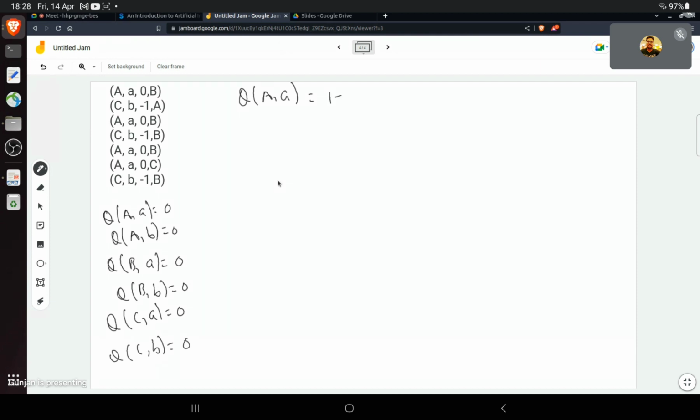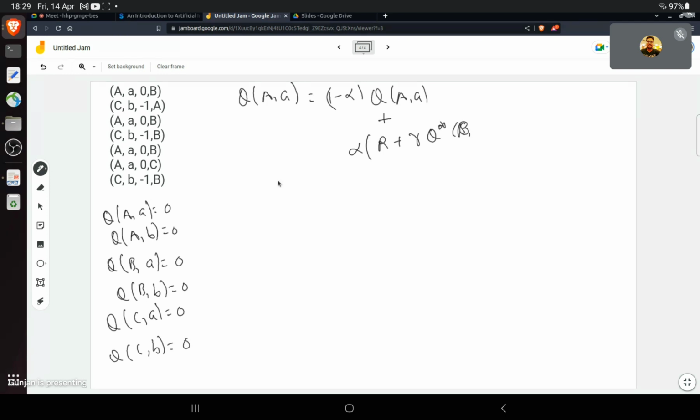So that will be equal to (1 minus alpha) times Q(a, a) plus alpha times the reward plus gamma Q star(s'), so s' is basically b, Q star of b. That is what we will get.